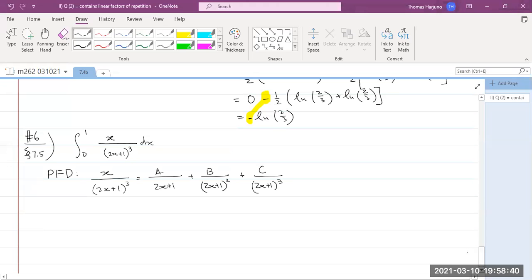Okay, now multiply by the LCD. Then on the left-hand side, we get only x. On the right-hand side, a times (2x plus 1) squared plus b times (2x plus 1) plus c.